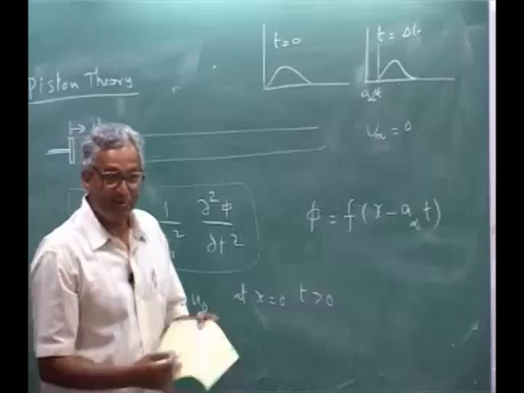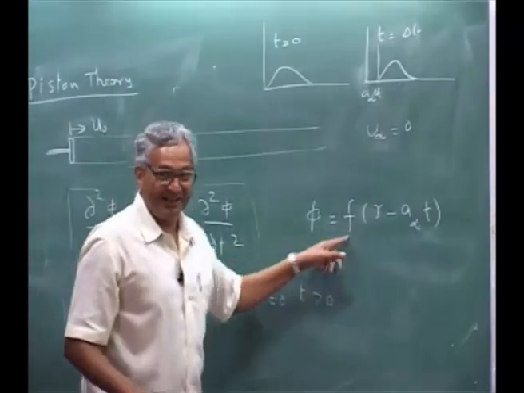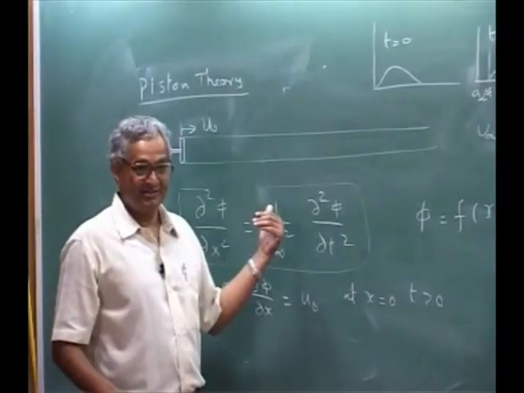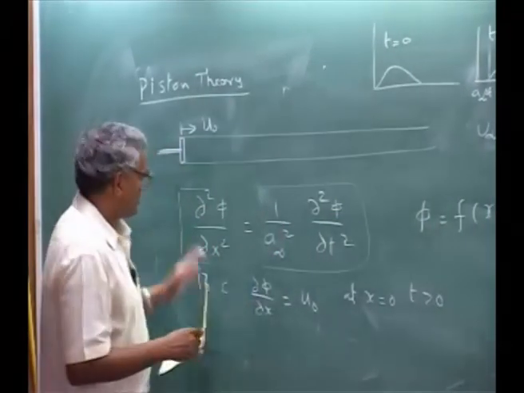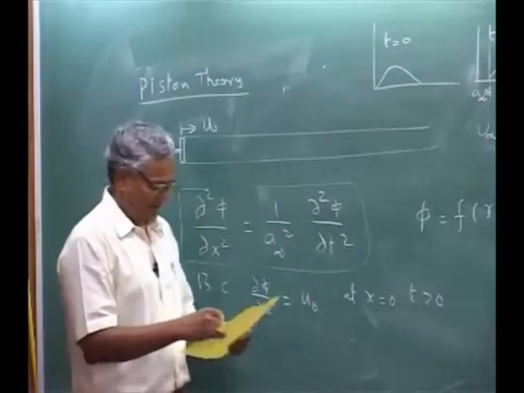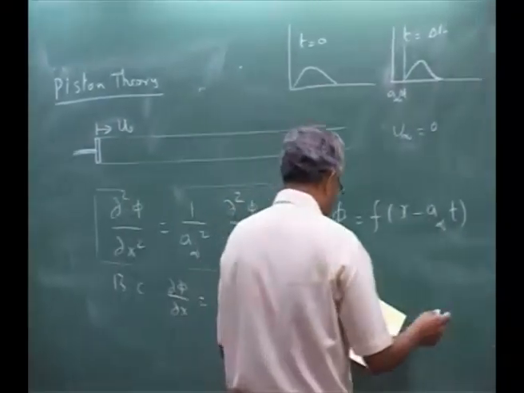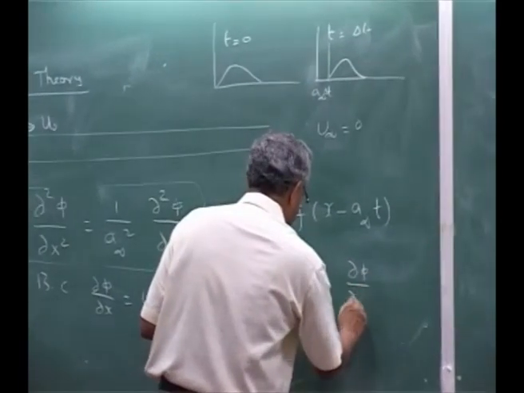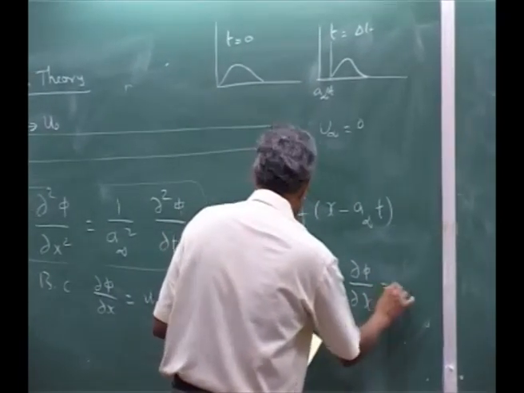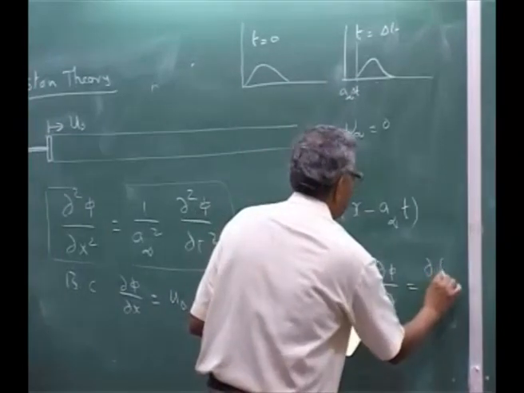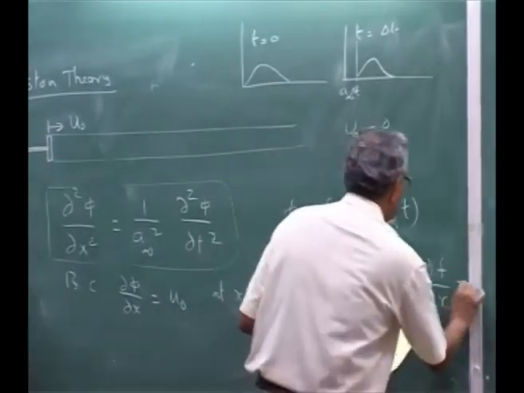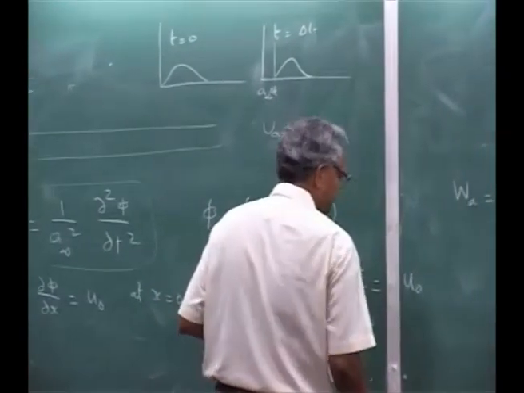That is why you use this solution only for this problem with the piston moving, because you don't take the other solution. So when you have this solution, you can find out what your pressure is, because you know that delta phi over delta x is nothing but delta f over delta x, which is u naught.